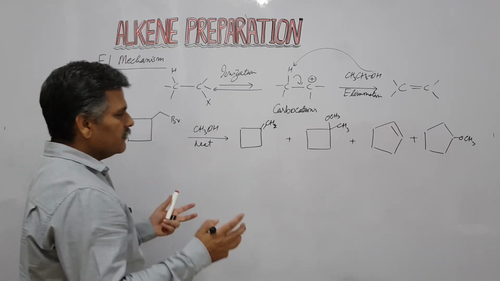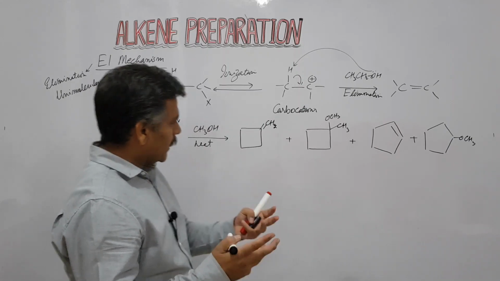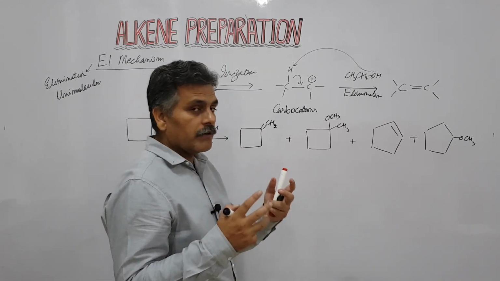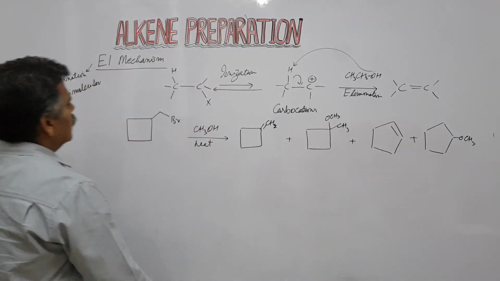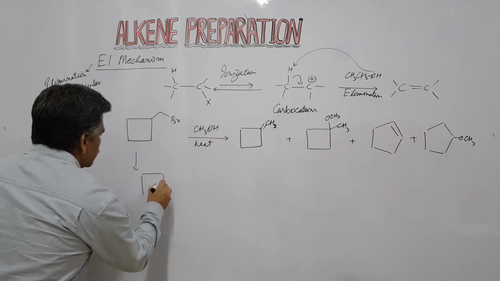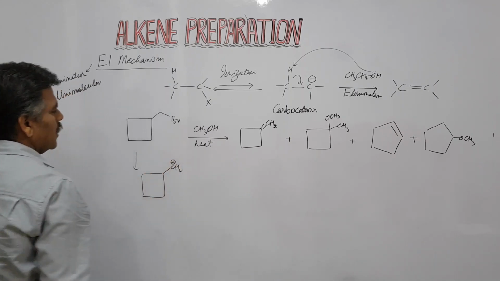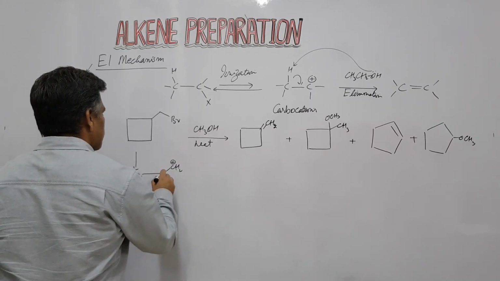It can be justified if we know the reaction mechanism and have knowledge of rearrangement in carbocations. So for example, here first this carbocation is formed. This is a primary carbocation, unstable.